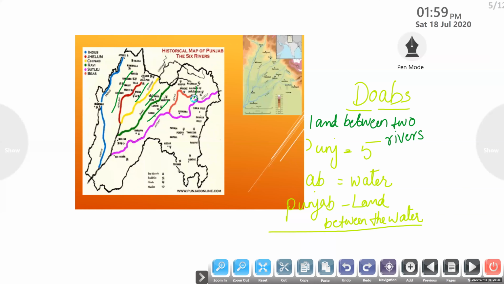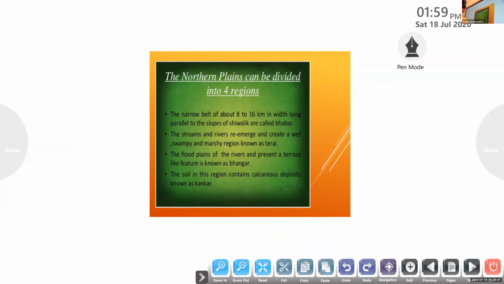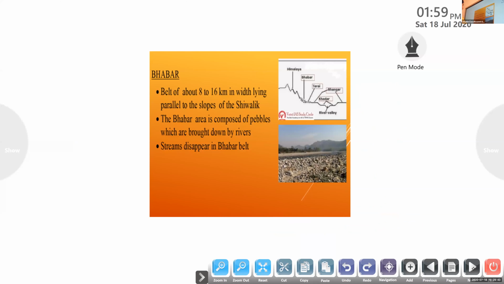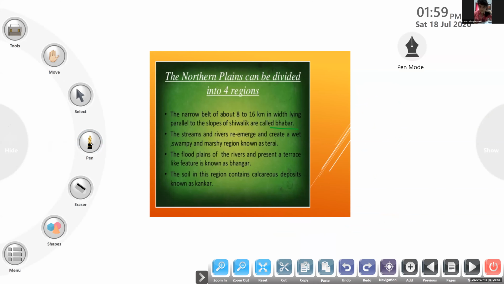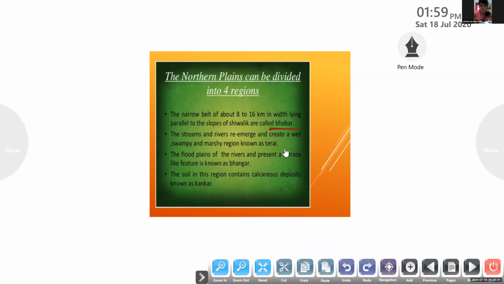Next classification. Northern plains are again classified into four regions based on the relief features, or based on type of land.